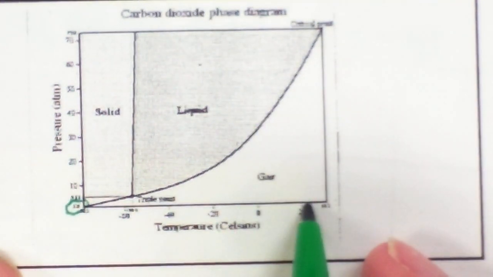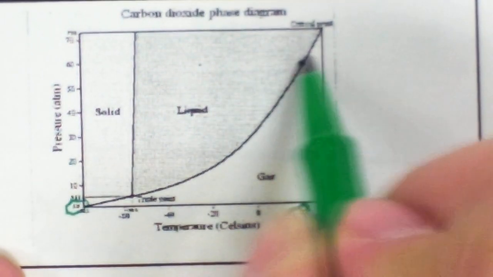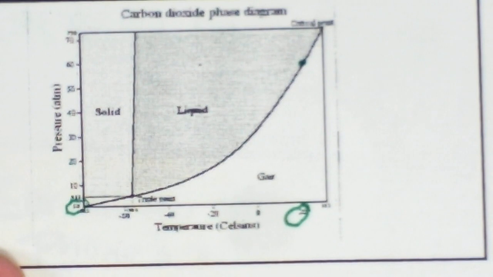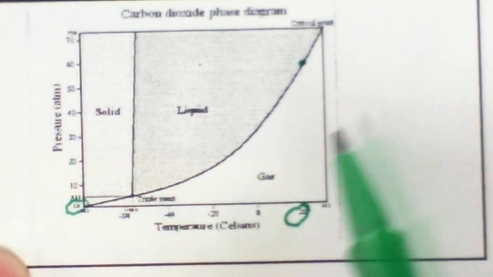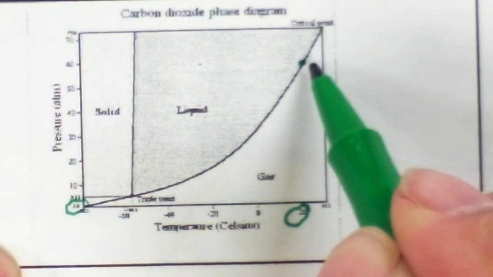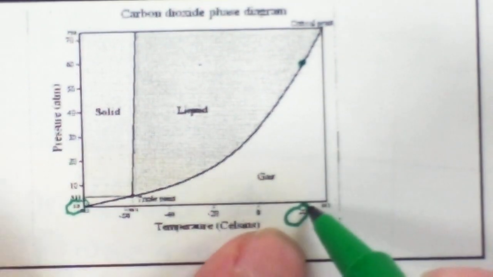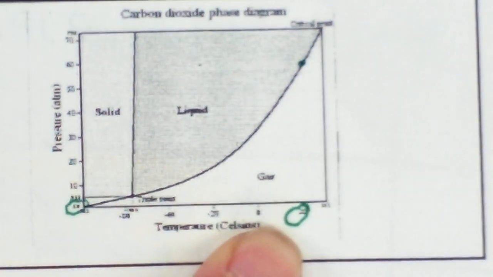And at 20 degrees Celsius, which is room temperature, you can see that it's only a liquid there at about 60 ATM. Atmospheres. So we are at 1 atmospheric pressure. That's what we live at, at sea level. So 1 ATM, but 60 ATM is about where carbon dioxide would be liquid at our room temperature.